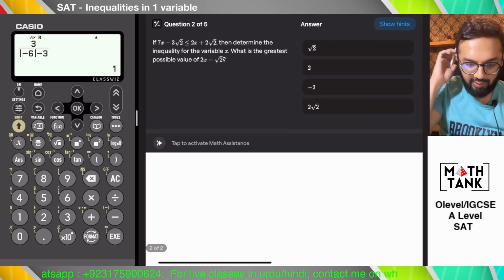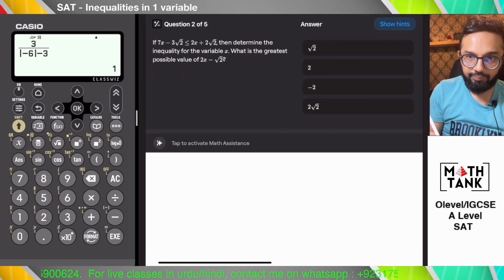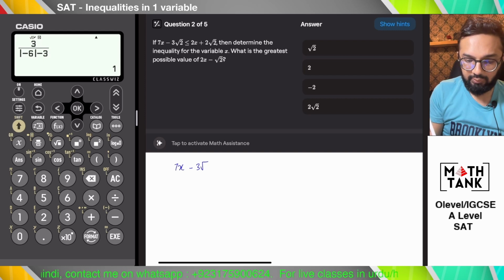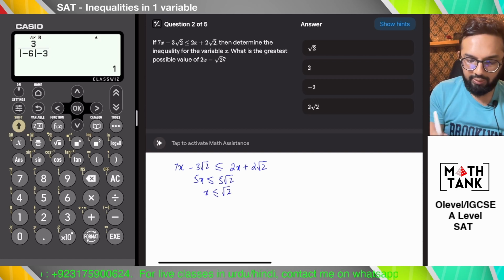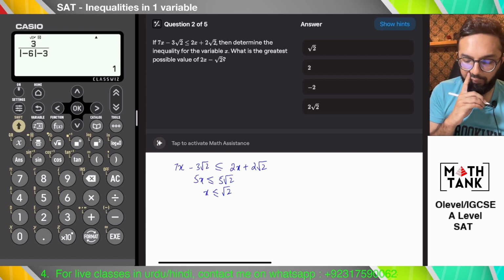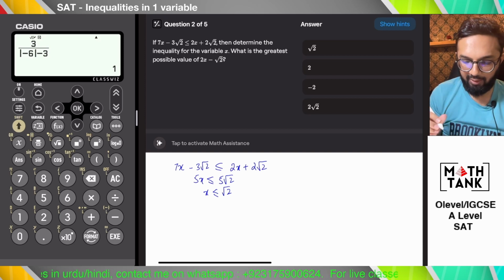Okay, then this one, 7x minus 3 root 2. 5x is less than 5 root 2. x is less than or equal to root 2. What is the greatest possible value of 2x minus root 2?